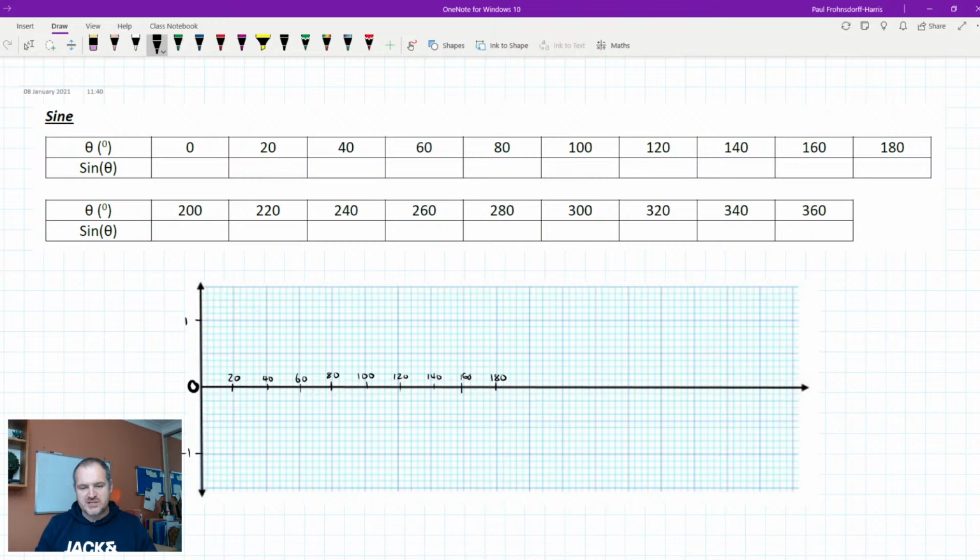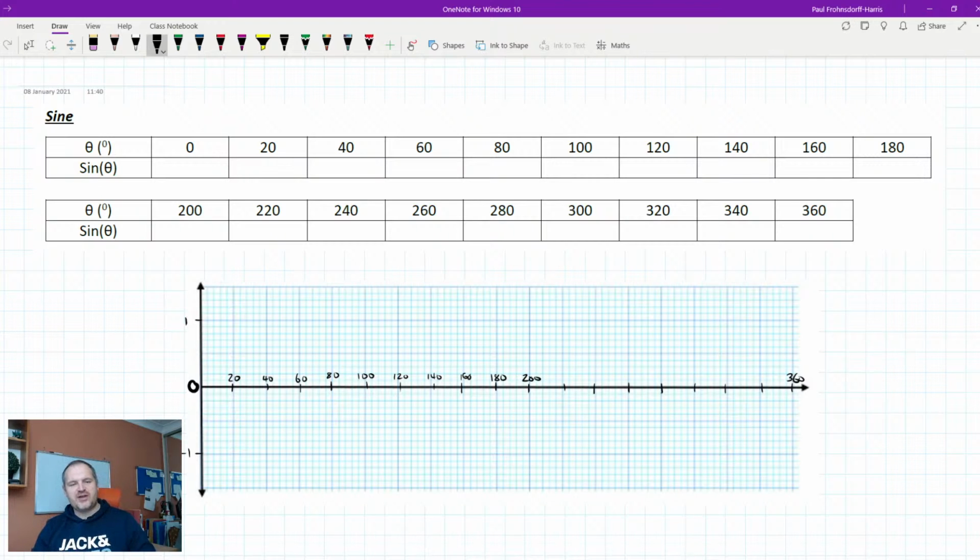We're going to go all the way to 360, so we need to go another 9: 200, 220, 240, 260, 280, 300, 320, 340 and 360 will be there. And you would carry on the numbering all the way along.